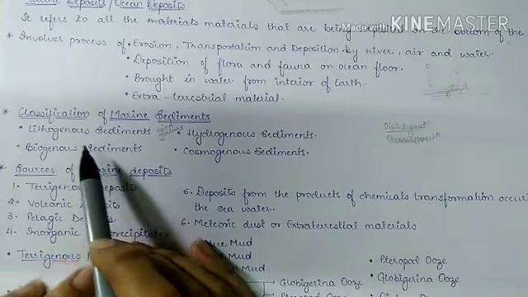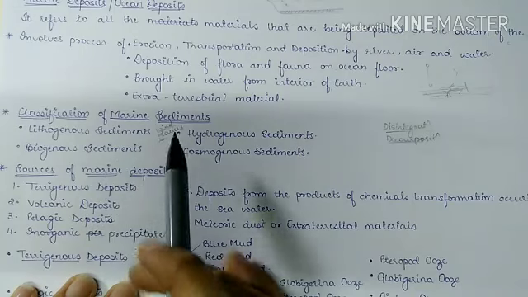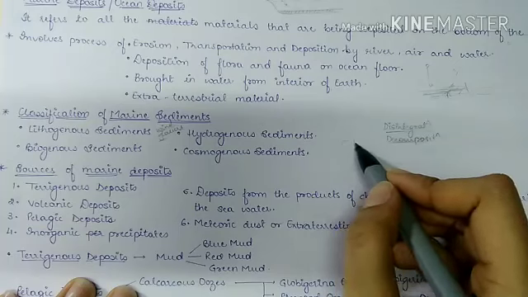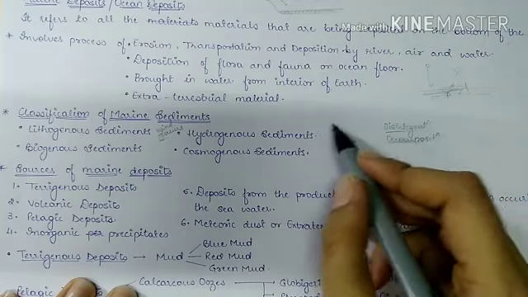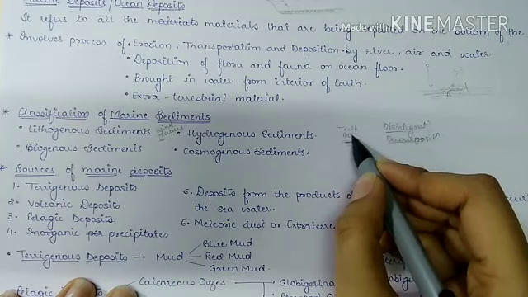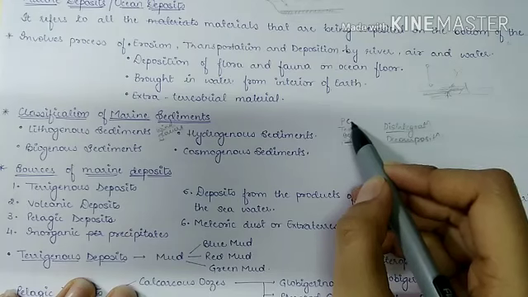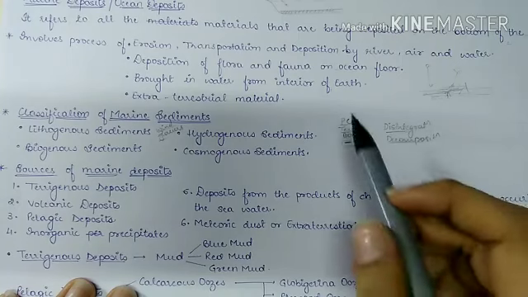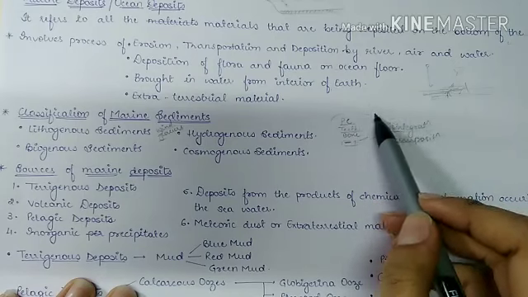Then we have another one, that is biogenous sediment. Biogenous sediments comprise the insoluble remains of organisms. We all know that when organisms die, most of the body is dissolved, but things like teeth, bone, and protective coverings, as seen in animals like mollusks and corals, remain undissolved.